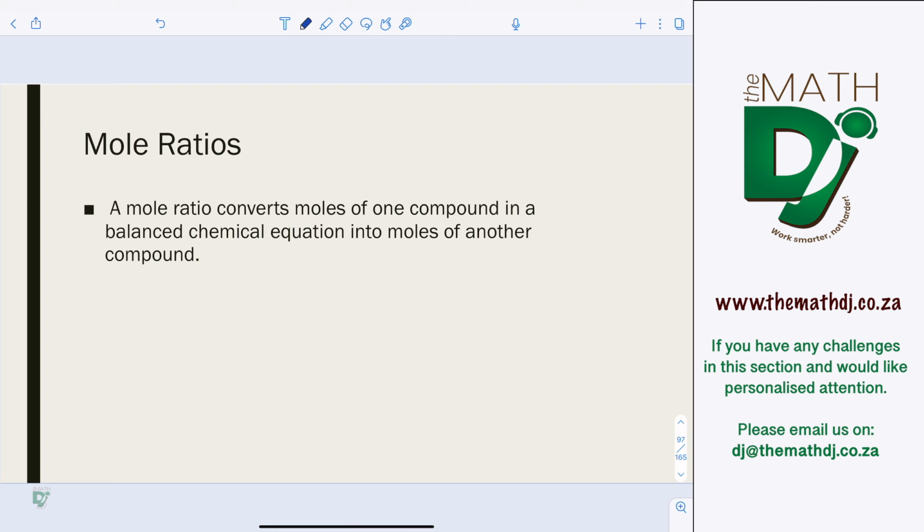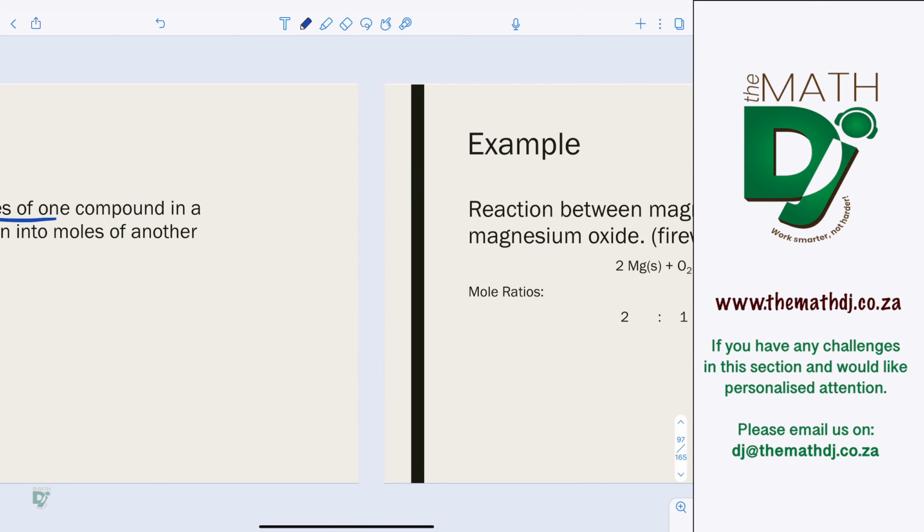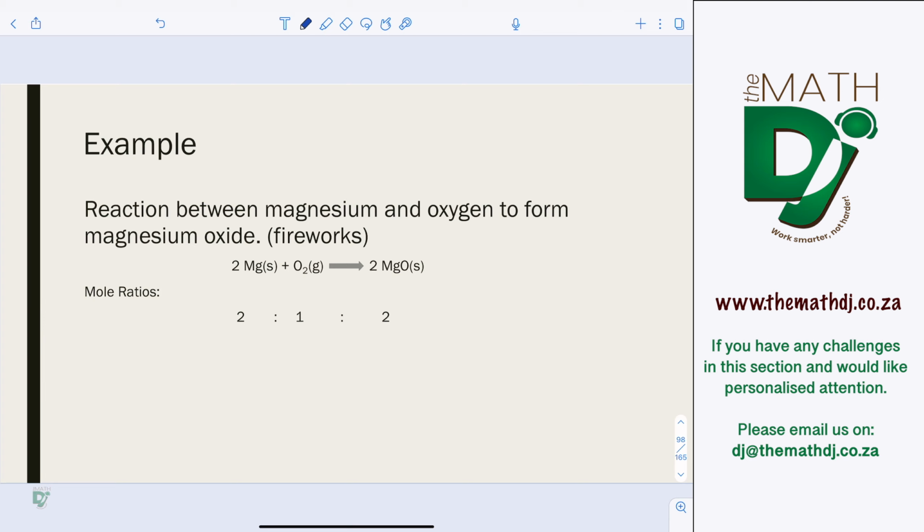So, mole ratios. A mole ratio converts moles of one substance in a balanced equation into moles of another. I've already demonstrated it, like 1:1, 2:2, when you're comparing two atoms or compounds in a chemical equation. An example: the reaction between magnesium and oxygen to form magnesium oxide.